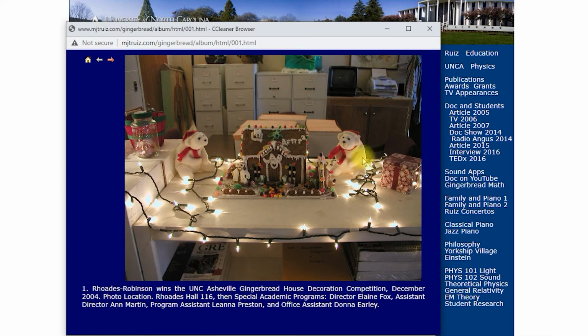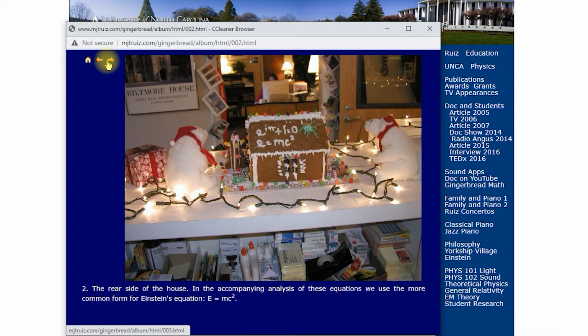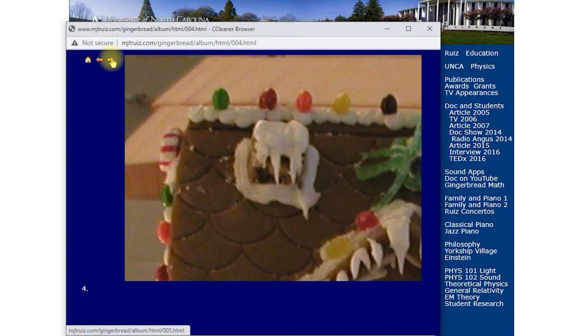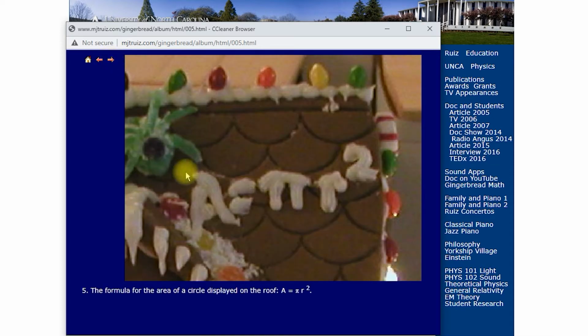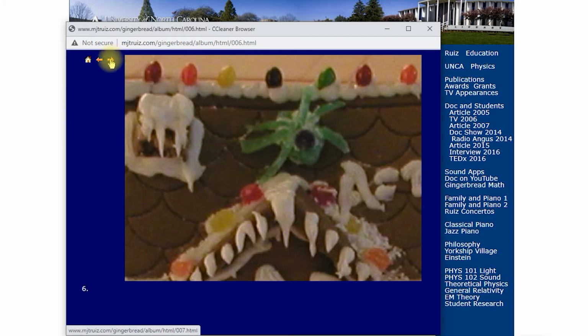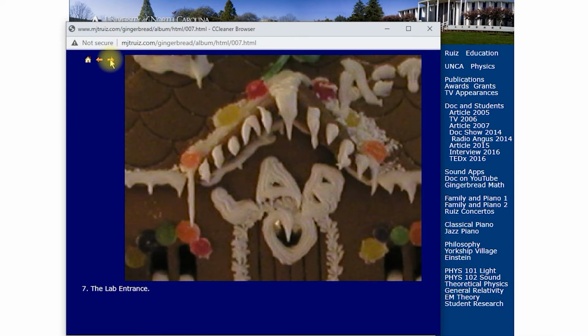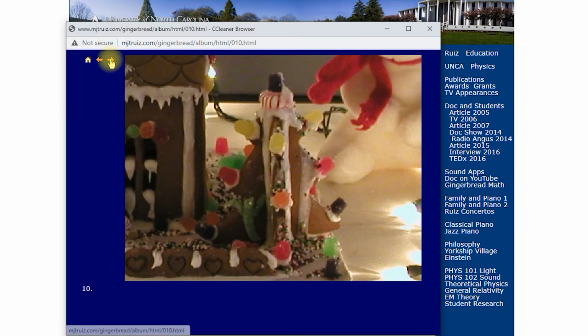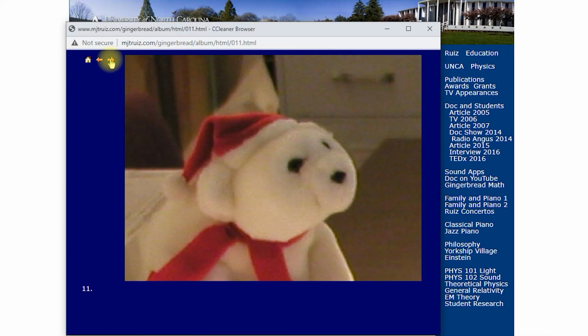Look at this. See, little animals there, and the formula. Nice house. Close up. And it had A is pi r squared on the other side of the roof. So there are the three main formulas that you see on the gingerbread house. There you go.